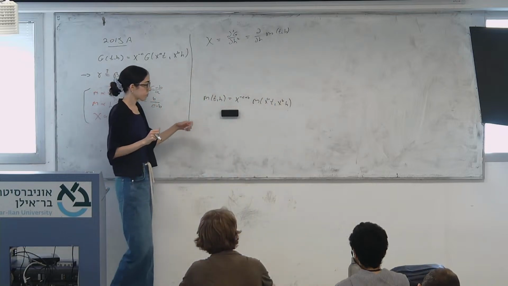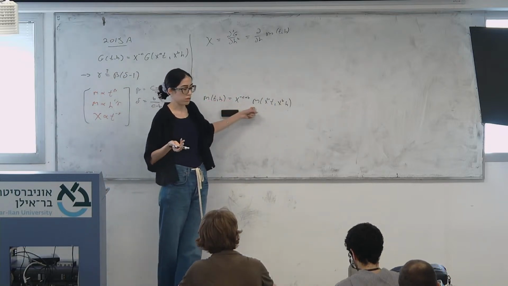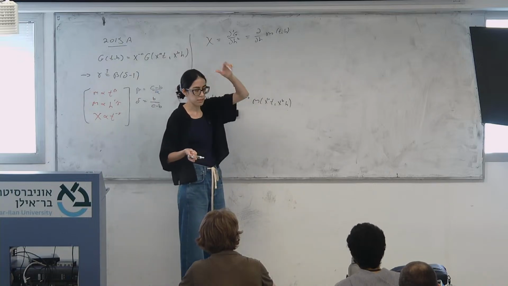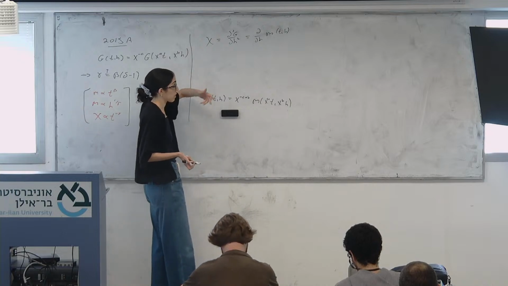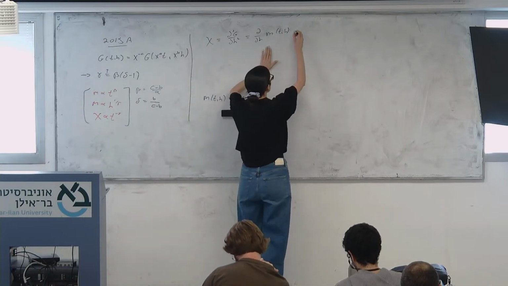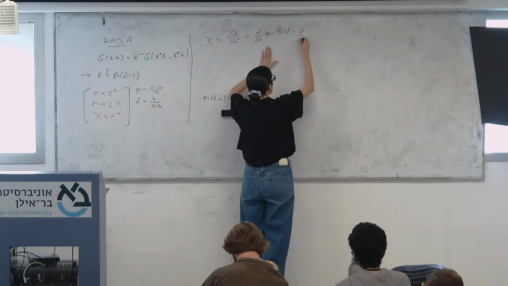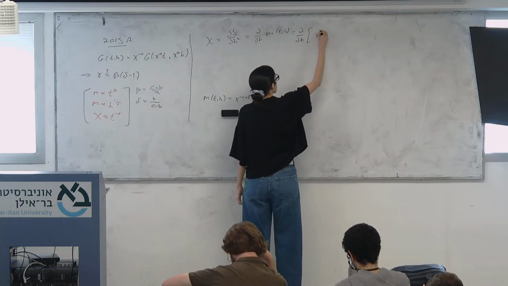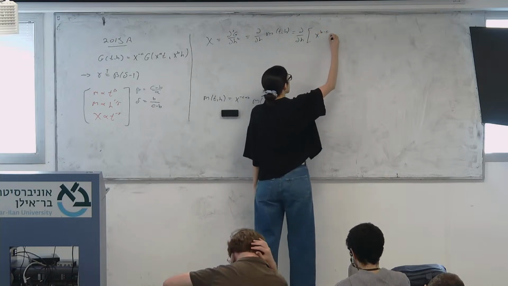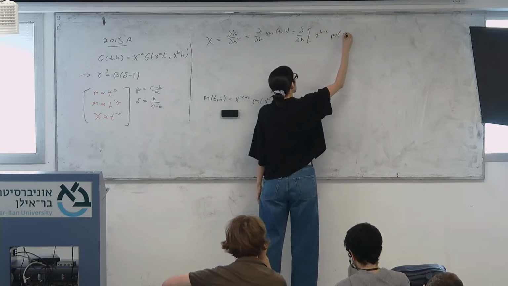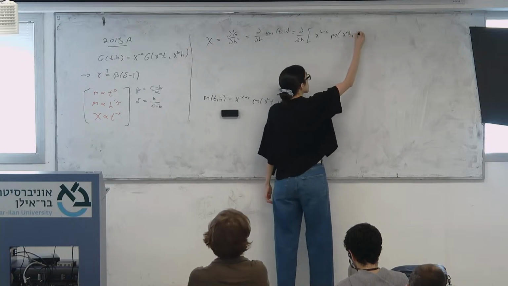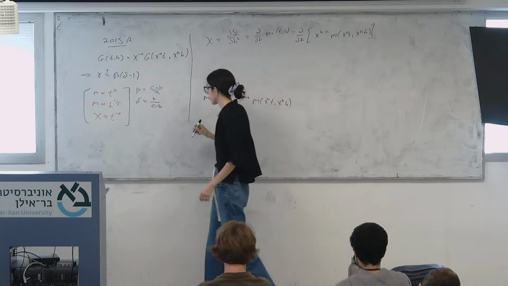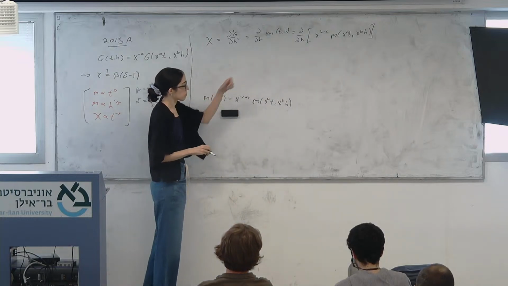So we can use the formula that we found for m, so we won't have to do the derivative by parts twice. So this is equal to the derivative of x to the power b minus c times m of x to the a t, x to the b h.